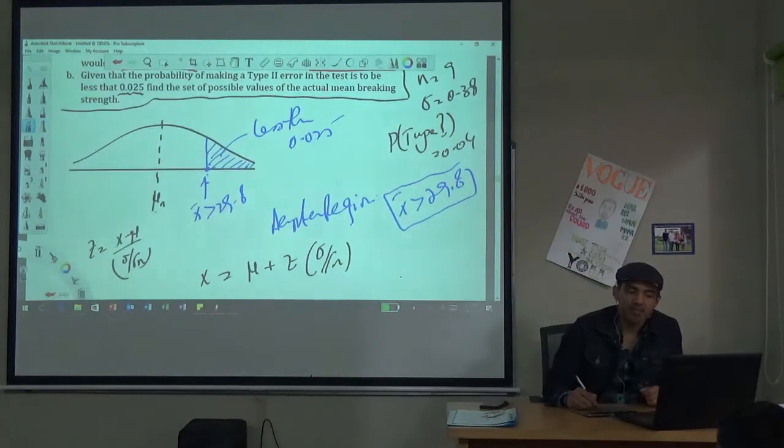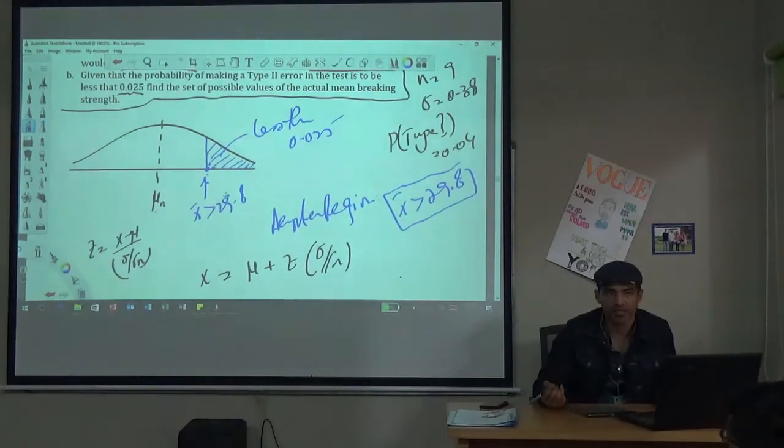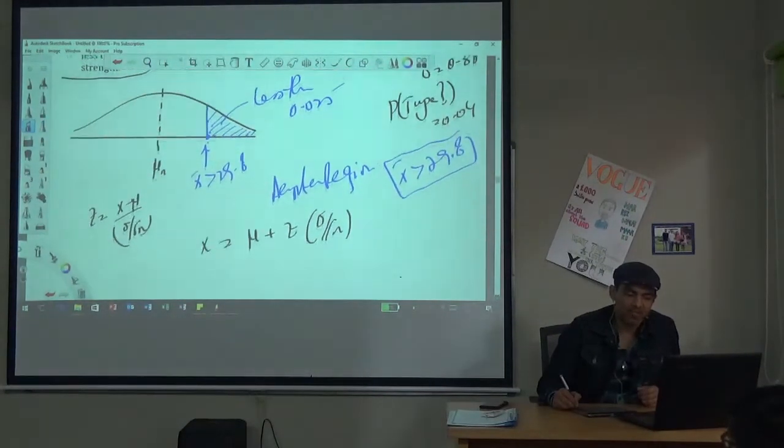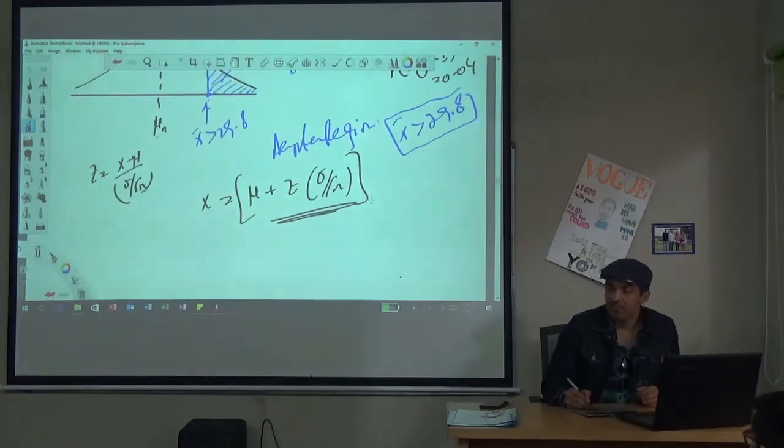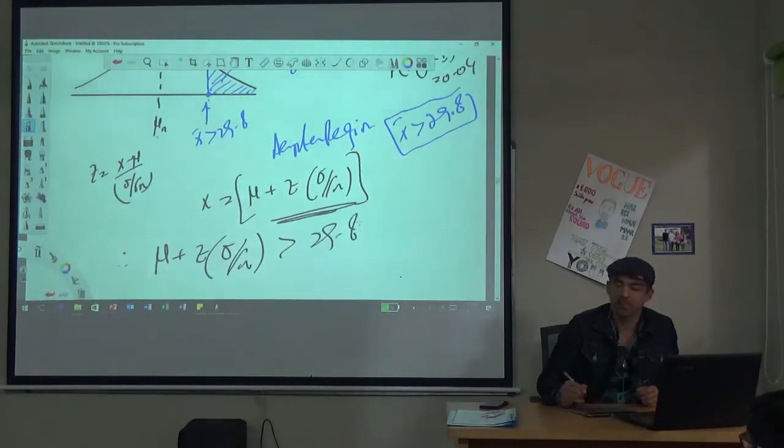Now they are telling me that the x value, now we figured out, because the area is less than 0.025, has to be greater than 29.8. Therefore, I can say mu plus z into sigma upon square root of n is greater than 29.8.